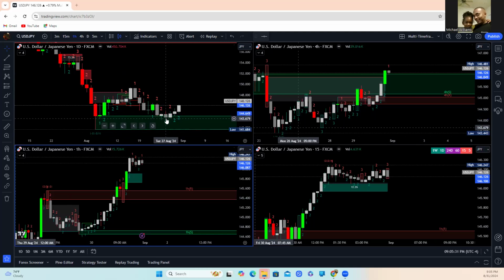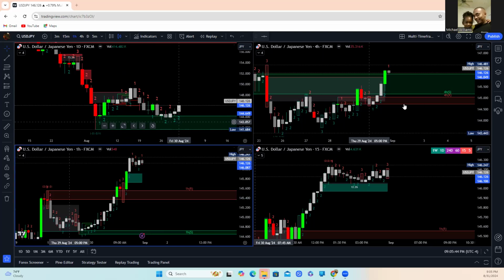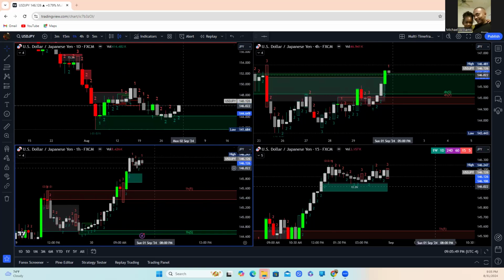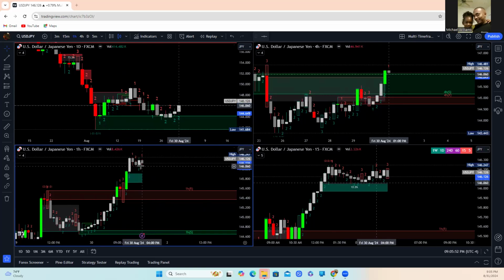So, all right, let's get into fair value gaps and the part they play in trading and in our setup and process. The thing to understand about fair value gaps is, and I'm going to show you, as you can see here on the hourly, and typically I use the hourly as my technical analysis time frame.